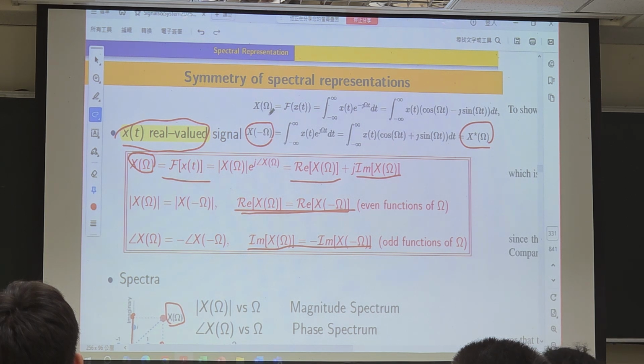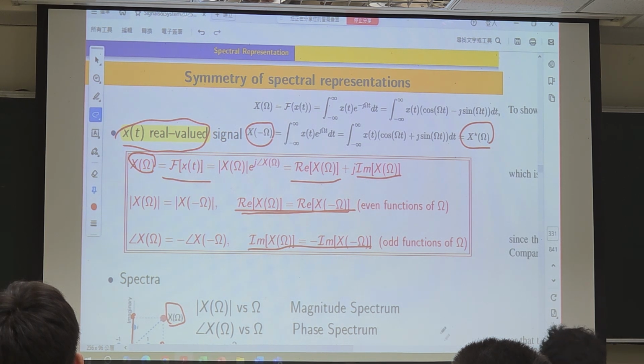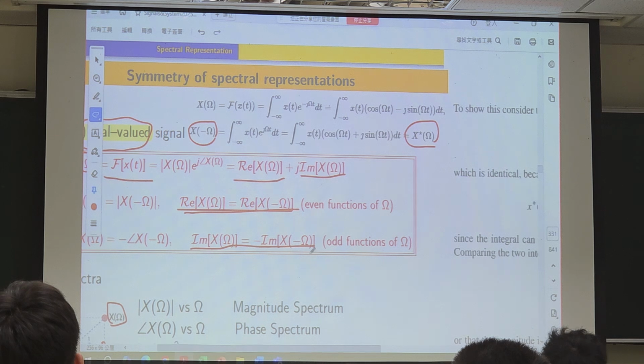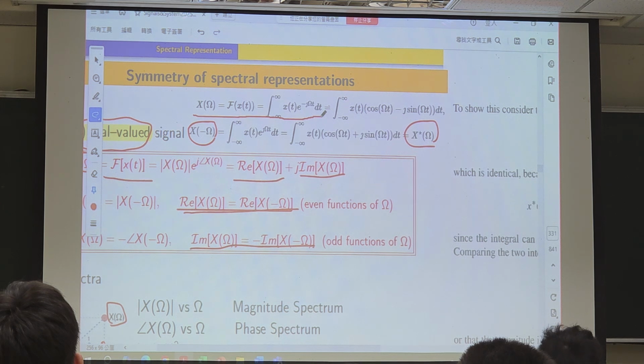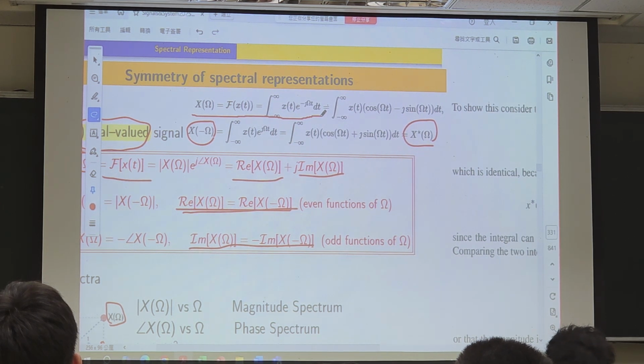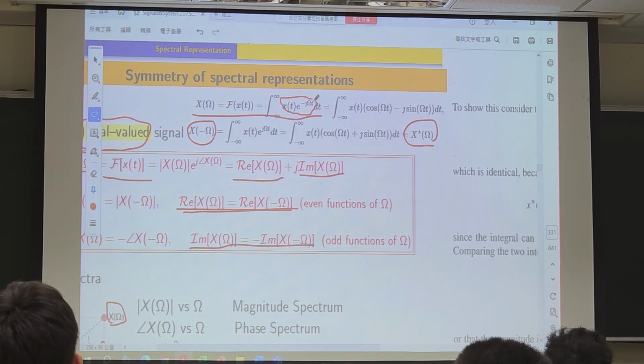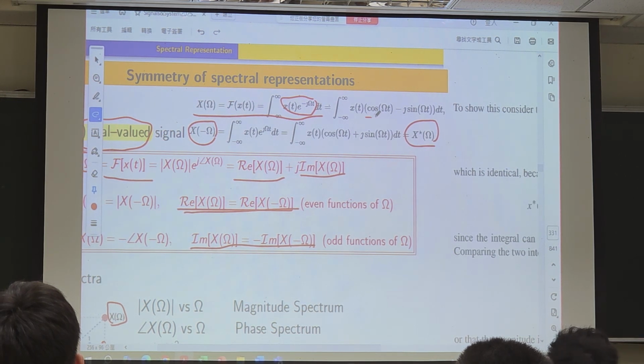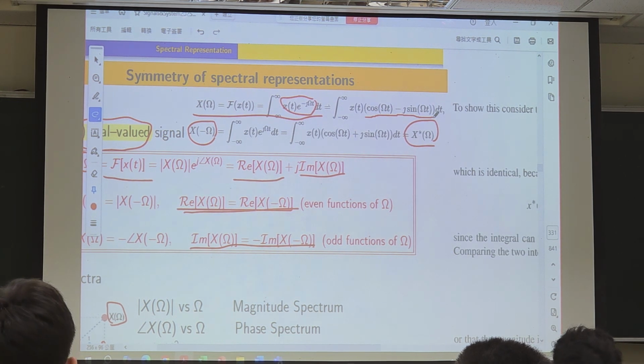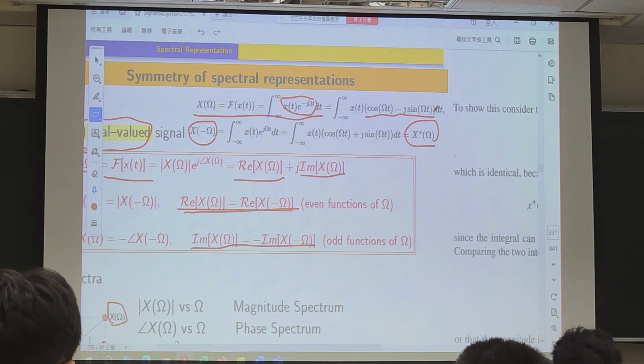Okay, again, start from here. I prefer to use this proof. Maybe this is easier to prove that. The Fourier transform of x of t by definition is equal to the integral of x of t times this complex exponential function. And then we rewrite this complex exponential function as a cosine function and a sine function: cosine of omega t minus j times sine omega t, right?